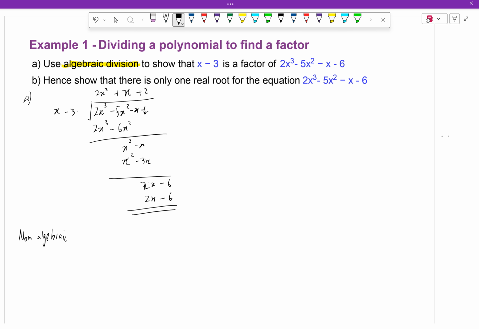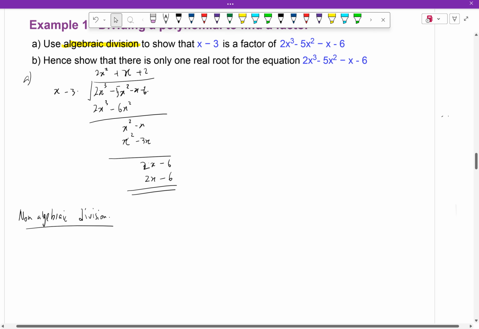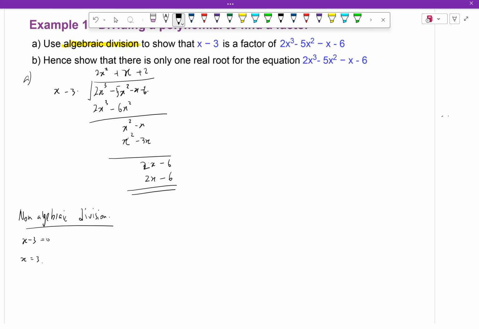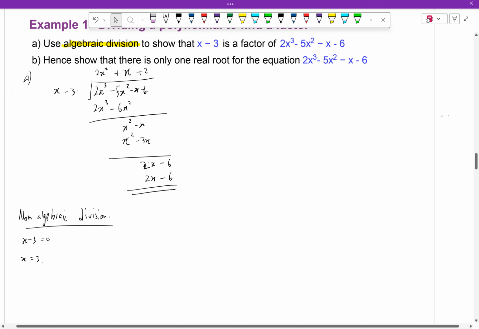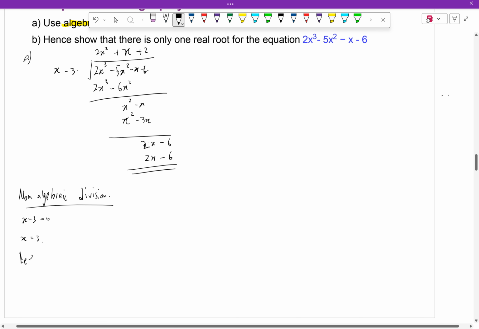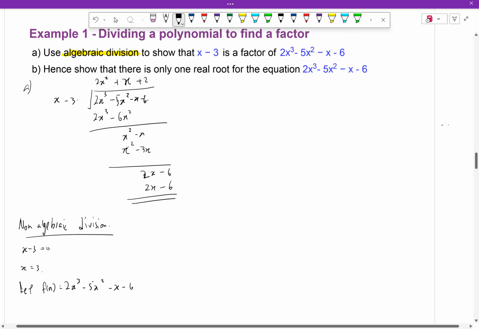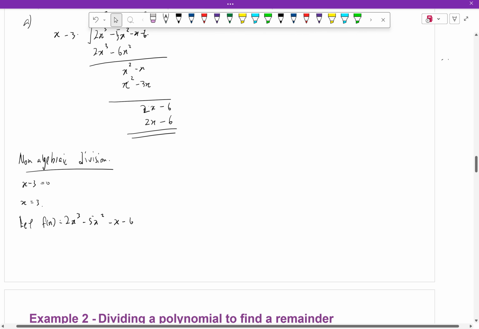But if it doesn't specify algebraic division, what you can do is non-algebraic division. If it's non-algebraic division, I would do it this way. So when x minus 3 equals 0, that means we can substitute x equals 3. So let our function equal 2x cubed minus 5x squared minus x minus 6.